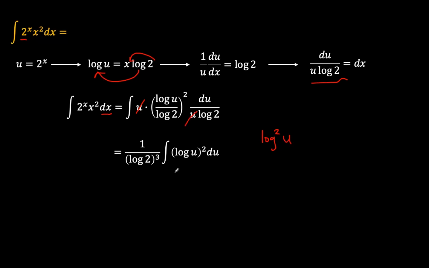I prefer to just keep it in brackets the way it is right now. And so this expression here can also be written as, because there's a hidden 1 here, times 1, which can be expressed as the derivative of u.